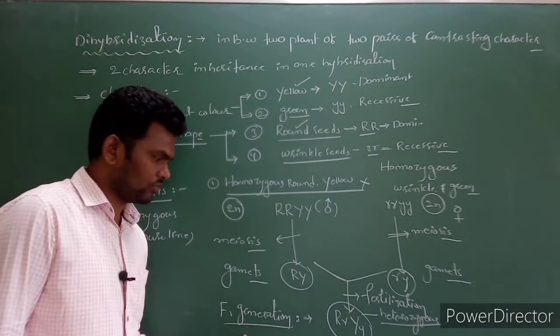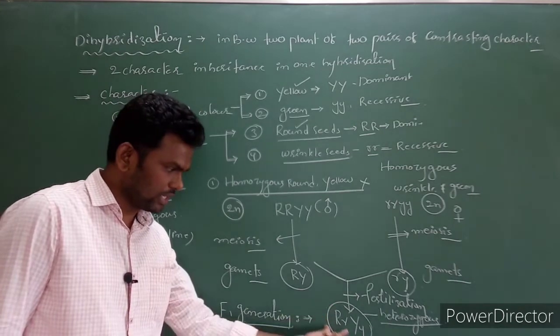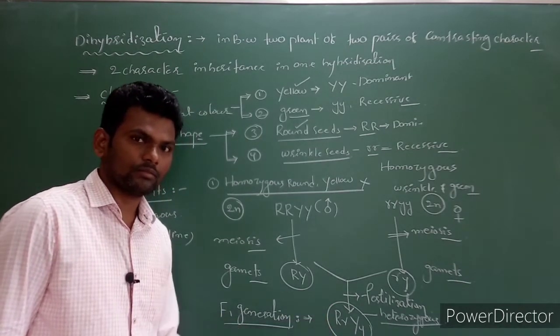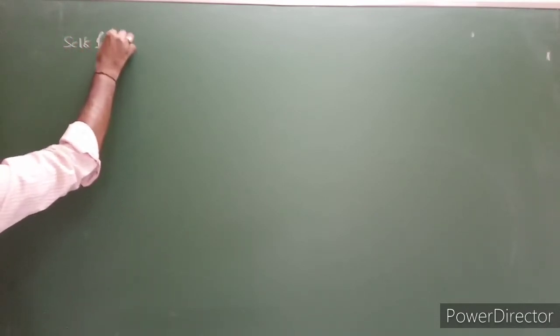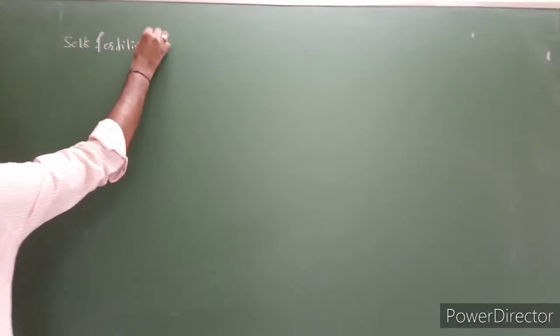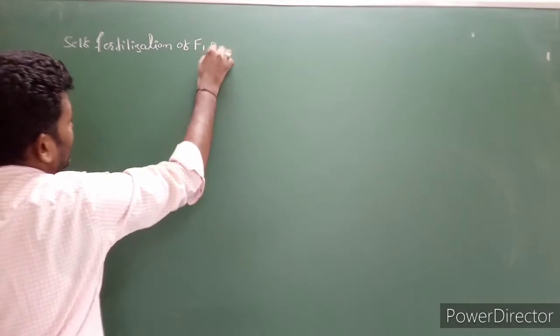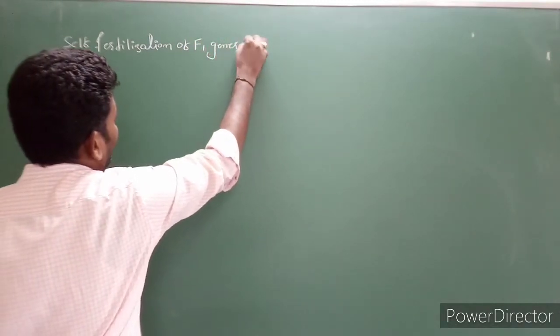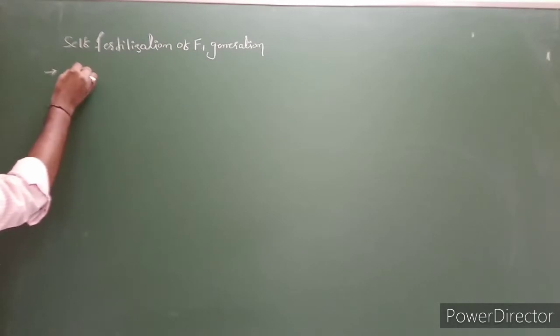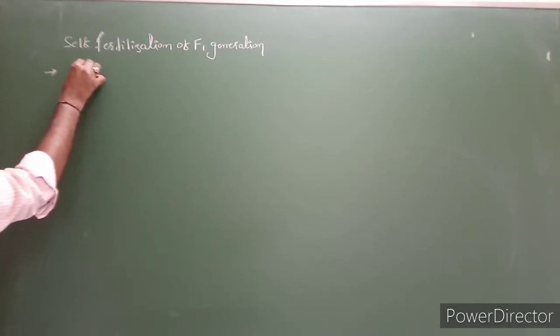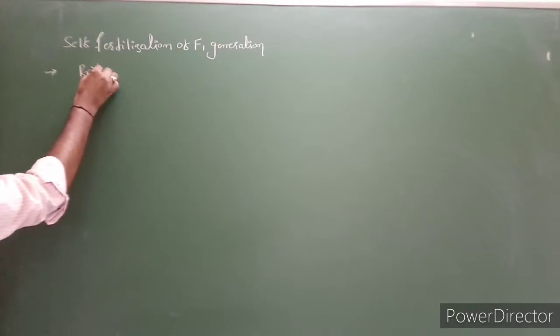Now what do we have to do? We have to self-fertilize the F1 generation. In the F1 generation, what type of plant is formed? Capital R, small r, capital Y, small y.